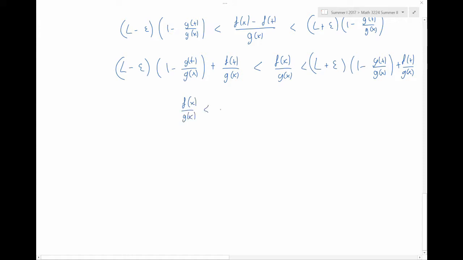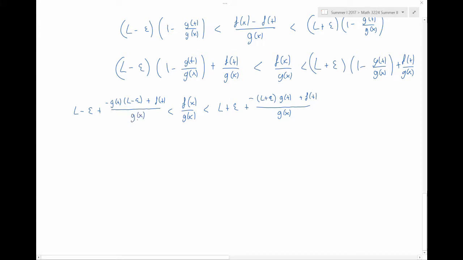It will be less or equal than L plus epsilon, plus, we have a minus sign here, so it's going to be L plus epsilon with a minus sign times g of t plus f of t over g of x, and greater than L minus epsilon plus minus g of t multiplied by L minus epsilon plus f of t, all divided by g of x.